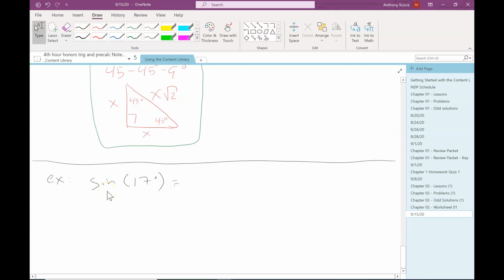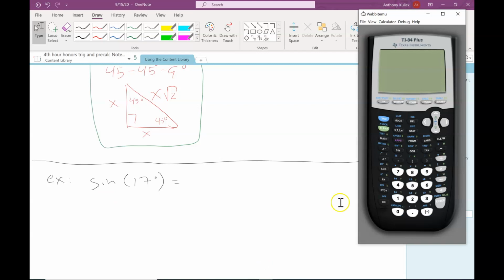How did you do it in geometry class? Use your calculator. That's the right answer. What do you have to be careful about before you start punching numbers in your calculator? The mode of your calculator is important. What mode should we use to do sine of 17 degrees?